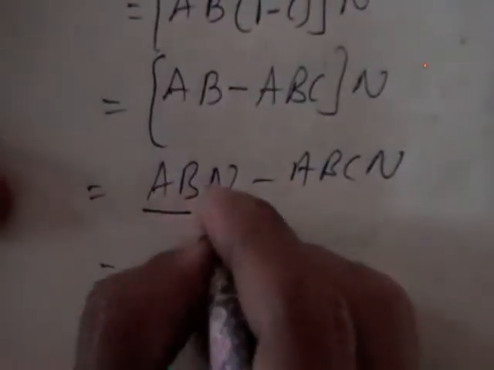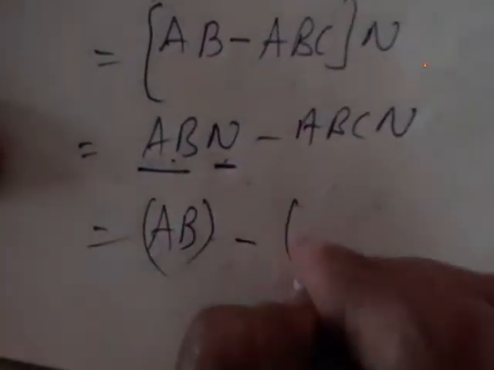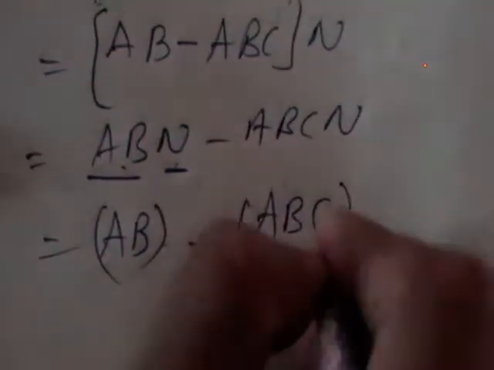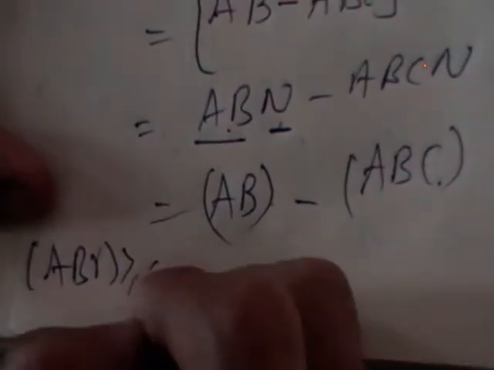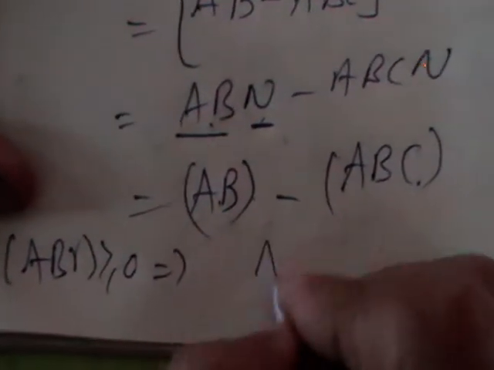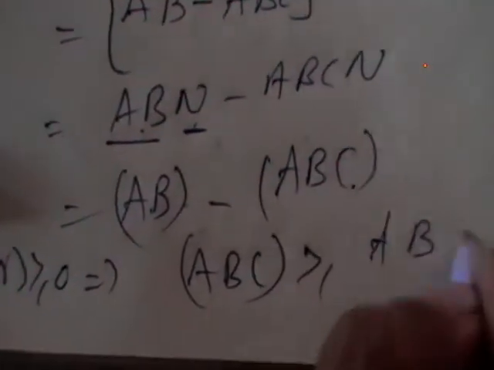This ABN can be written as bracket AB minus bracket ABC. As bracket AB gamma is greater than or equal to 0, you will get ABC greater than or equal to AB. So what is the next ultimate frequency you have?